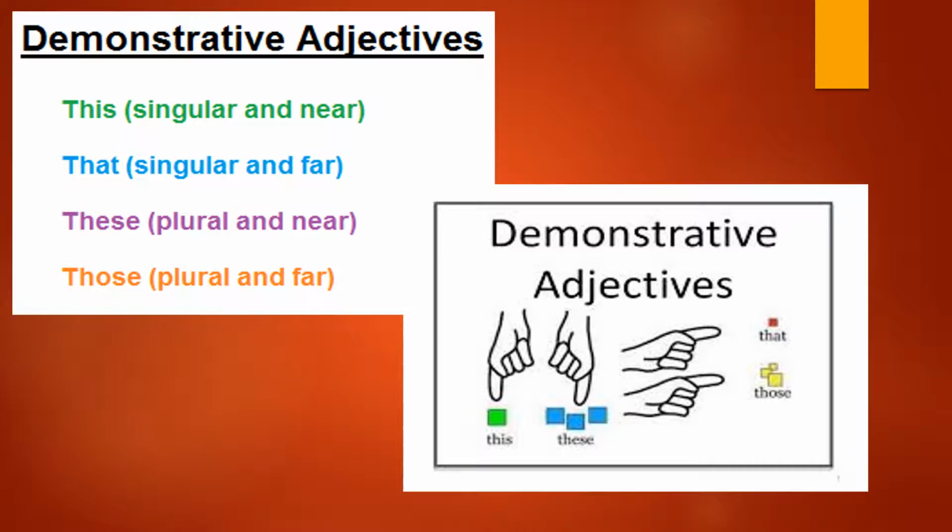Demonstrative adjectives answer the question which. This and that are used with singular nouns and these and those are used with plural nouns. Adjectives which point out which person or thing is meant are called demonstrative adjectives.